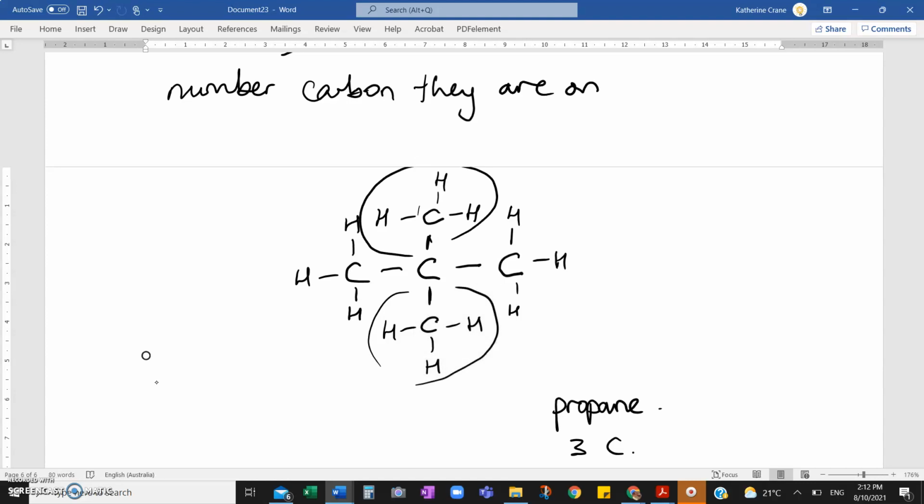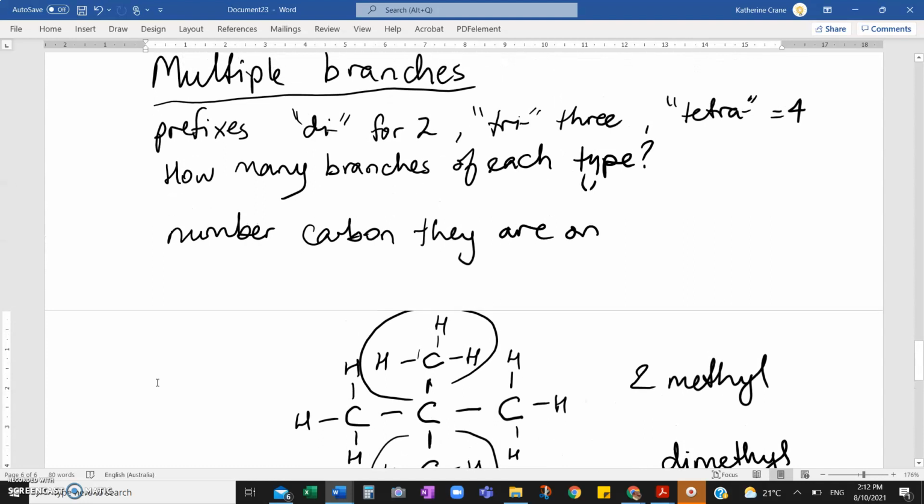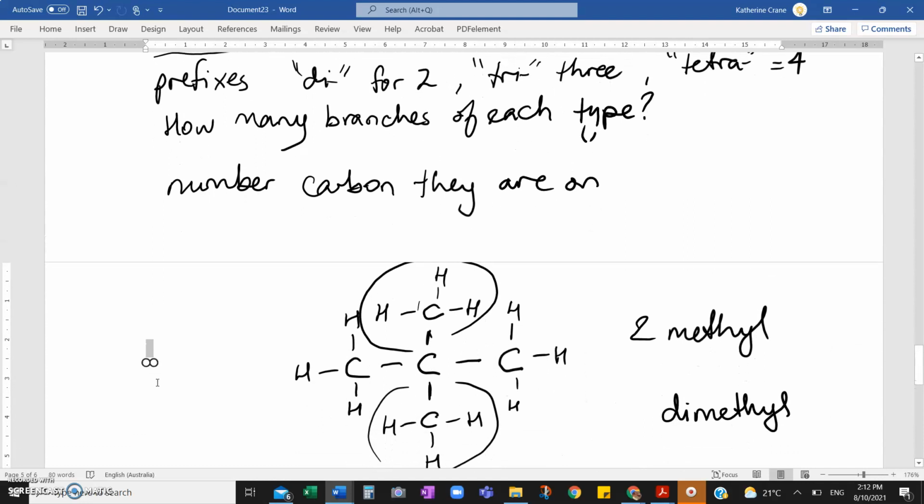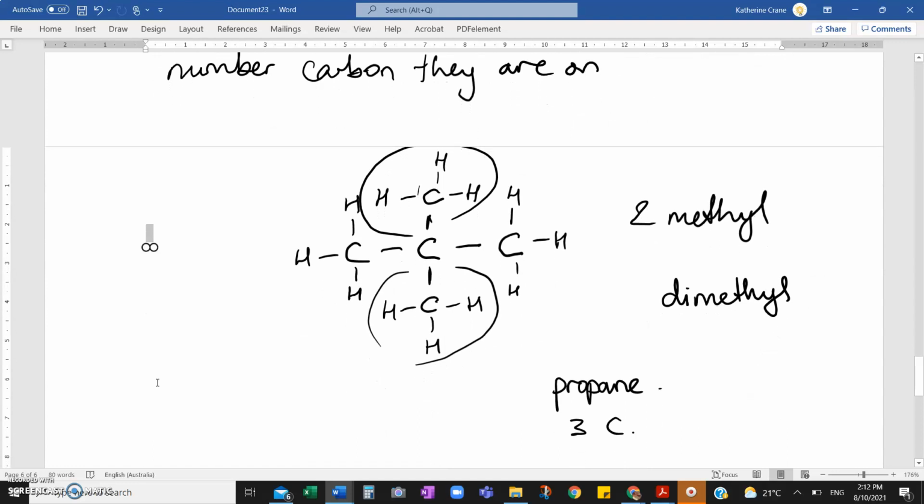So we have 2 methyl side chains, which means we have dimethyl. The prefix goes on the front of the methyl or ethyl groups. So we've got dimethyl propane. We've got to do one more thing, even though it couldn't be anything else, because we can't have any other ones.